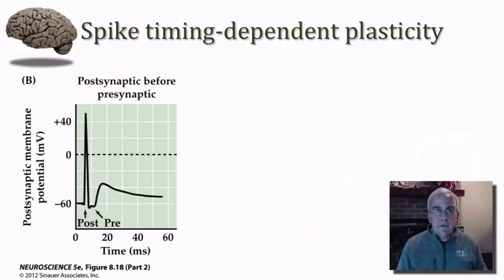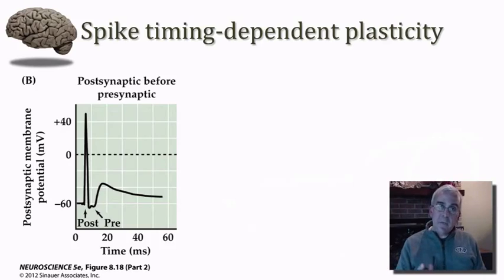Now, since we can control the activity with our microelectrodes, it's possible to stimulate the presynaptic terminal at a time that actually comes following the generation of a postsynaptic action potential. I'll just ask you to remember that our typical neurons in structures like the cerebral cortex receive inputs from many hundreds, even thousands, of different synaptic connections, different axonal inputs converging upon the dendrites of the very same cell.